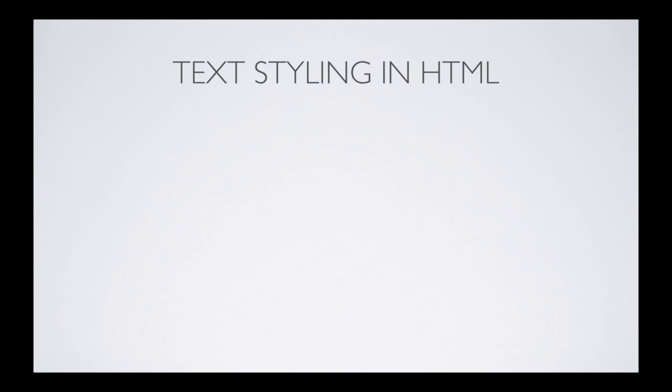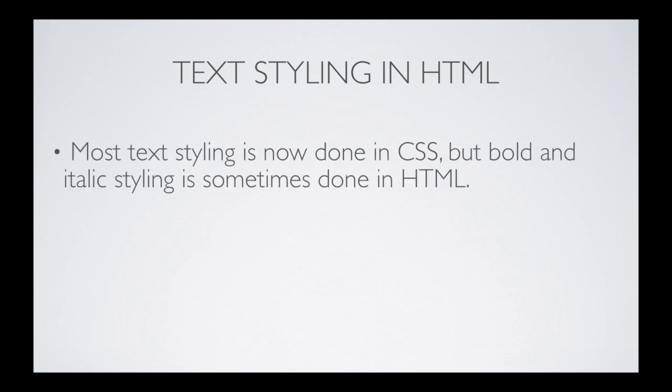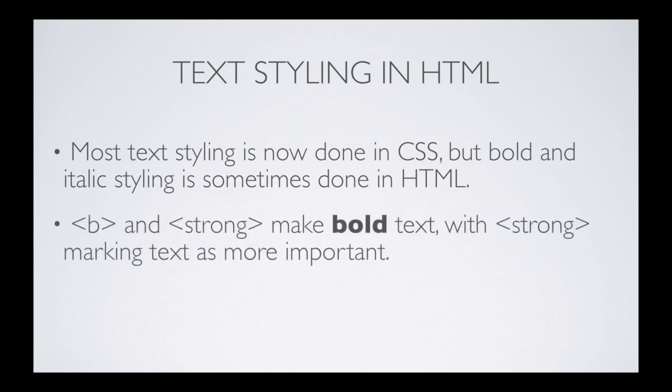Most text styling on web pages today is done using CSS. However, a few commands are still used in HTML sometimes. The first one is for bold text. There are 2 commands, the B and the strong commands. The strong command is used when you want to emphasize text as being more important.